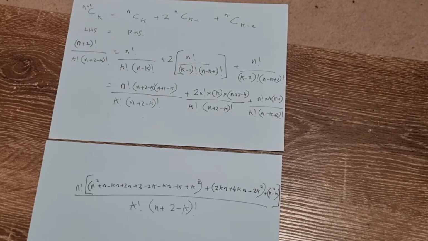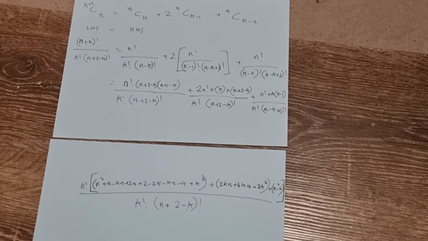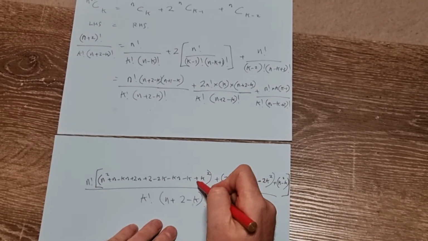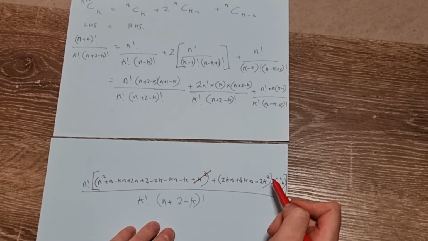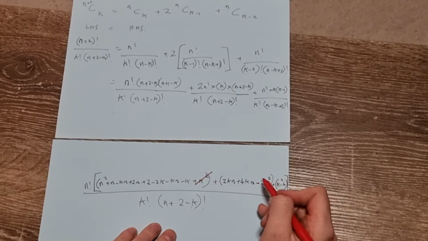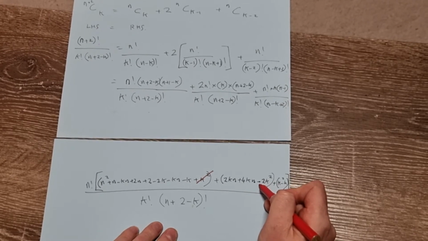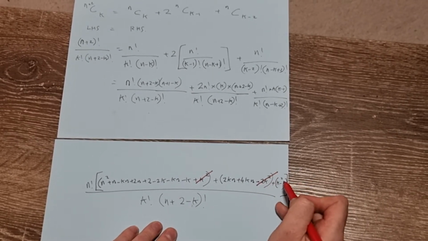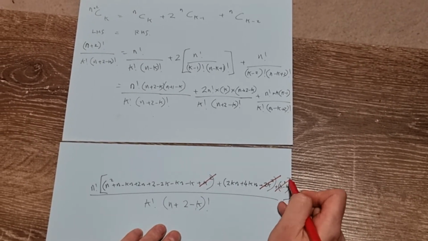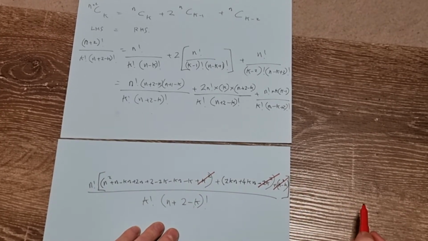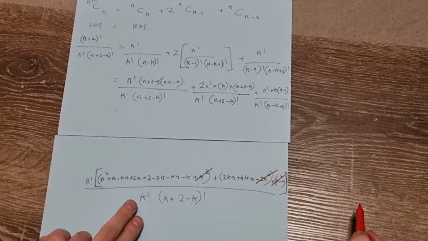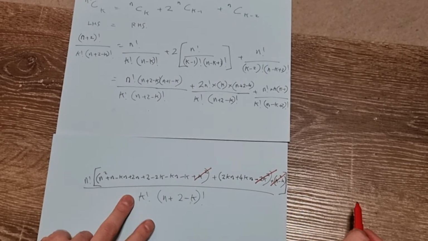Now I'm going to do the cancelling in red. We have 1k squared. We've got 2k squared here, and we have the other k squared here. Let's do the kns.